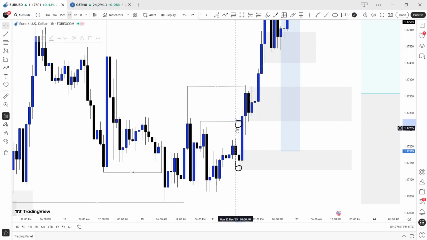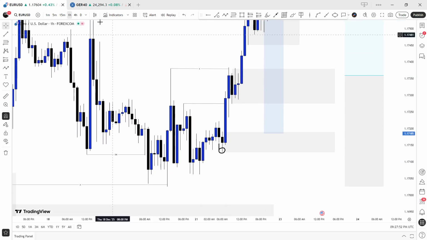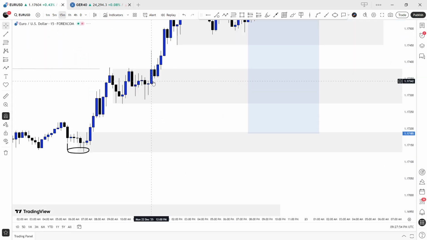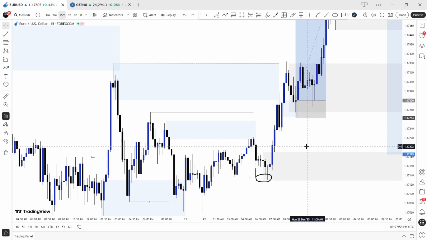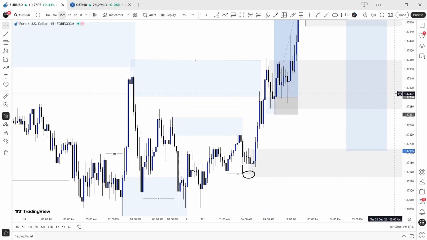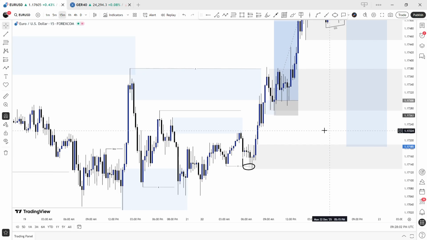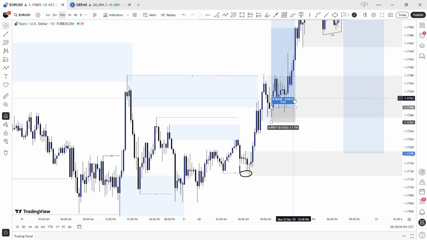Now, how did we get the entry for this trade idea? Let me take this one out. Okay. So this trade was actually taken from the 15 minutes, using the 15 minutes POI and the M5 as our confirmation entry.